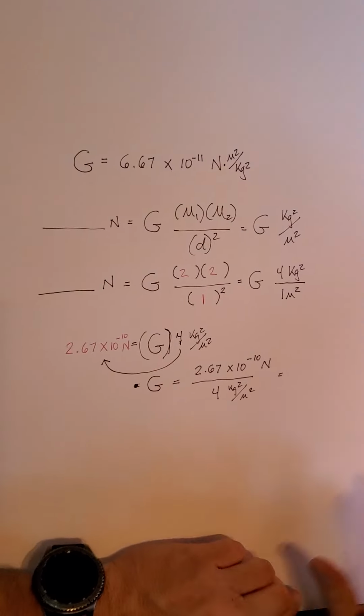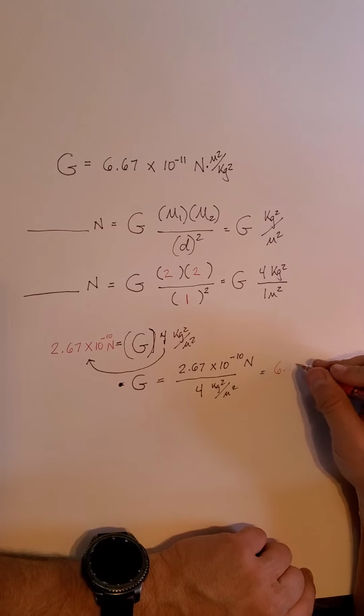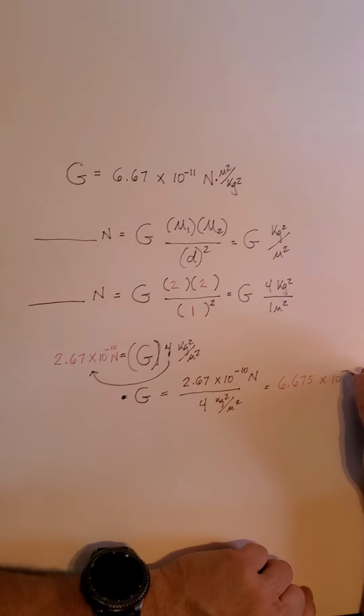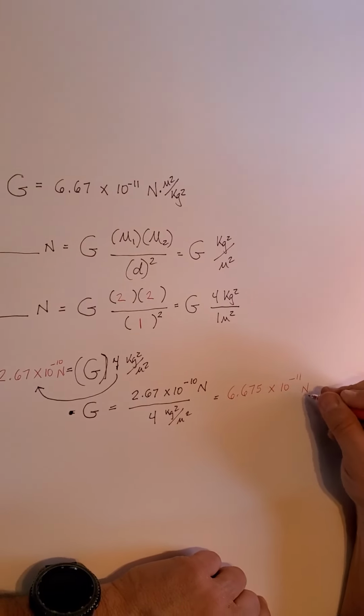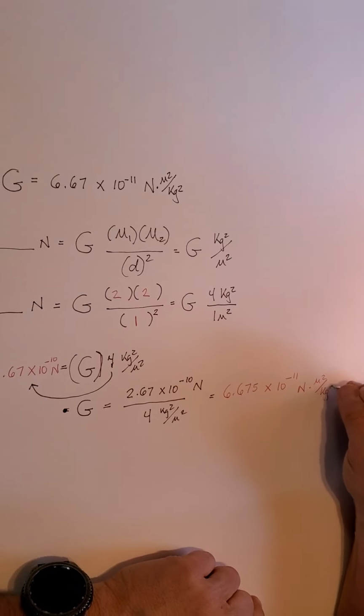And whenever we do the math, we get 6.675 times 10 to the negative 11 newtons meters squared over kilograms squared.